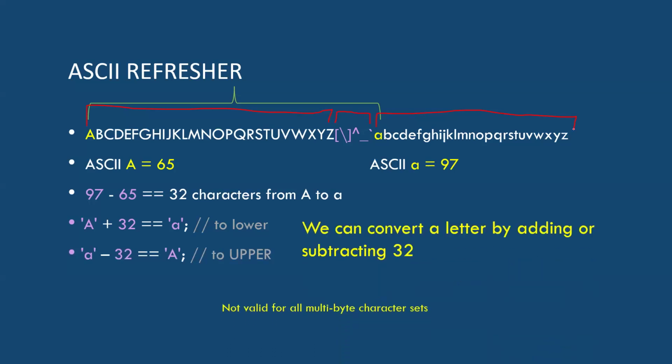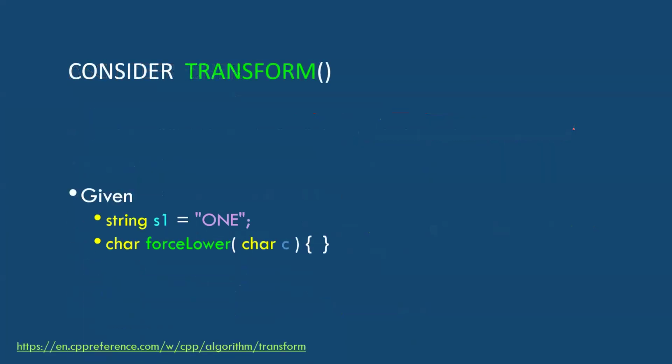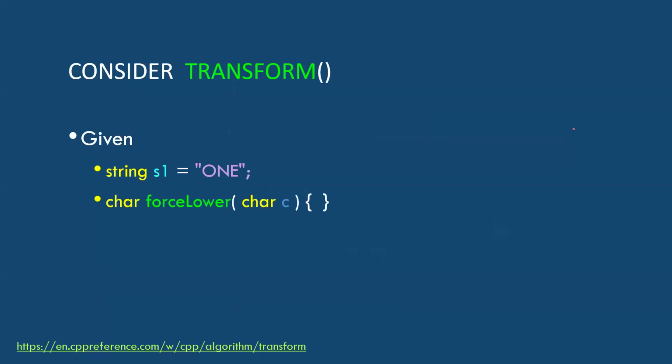So we want to use one of these transform functions to change something to upper and lower case. I create a function called force lower, which returns a character for the given character. You give me a character, and if I can make it lowercase, I will. Otherwise, I'll give you back what you gave me. This should all work because they're all uppercase.